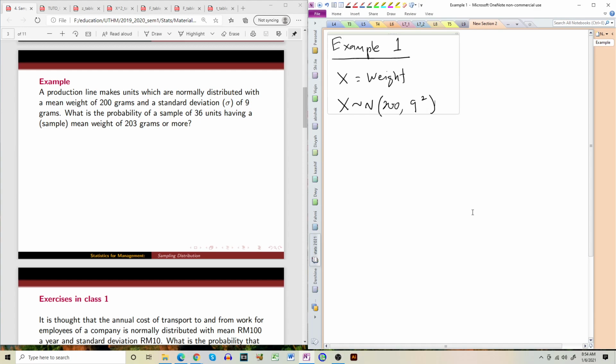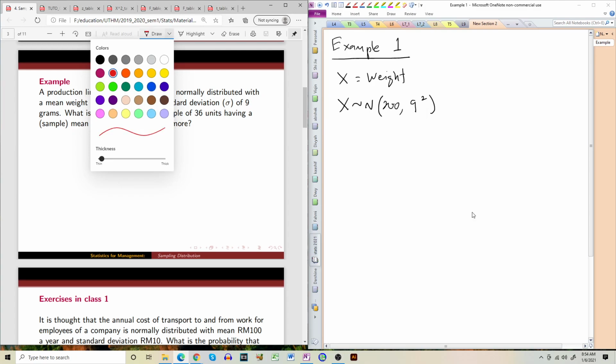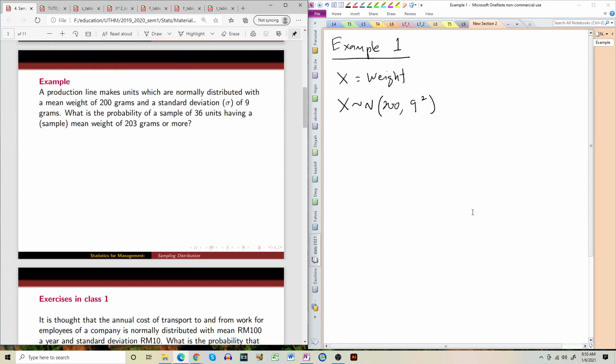Now let's say the only difference between the previous normal distribution exercise and chapter 4 is this one. A sample is given.